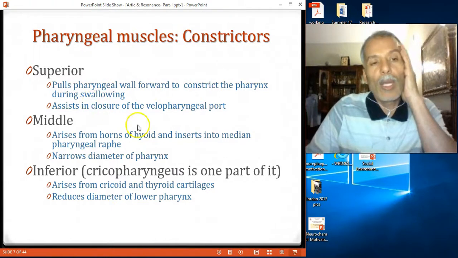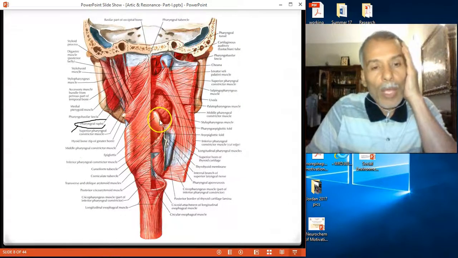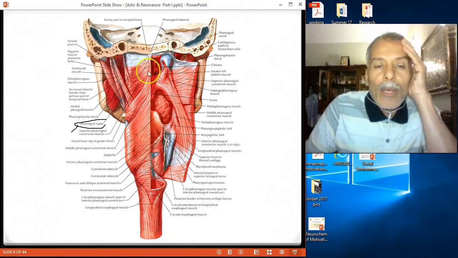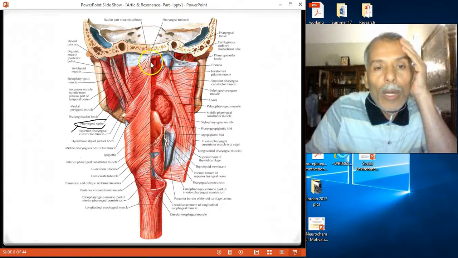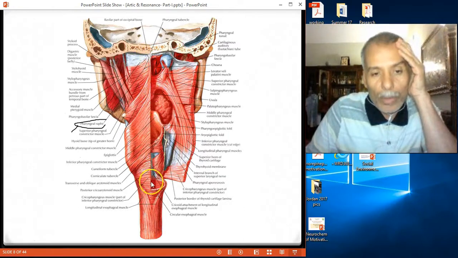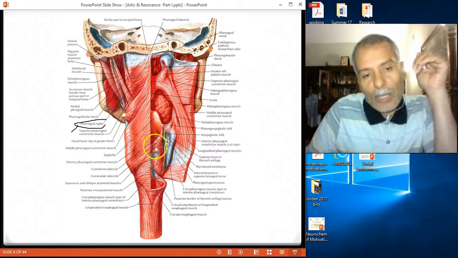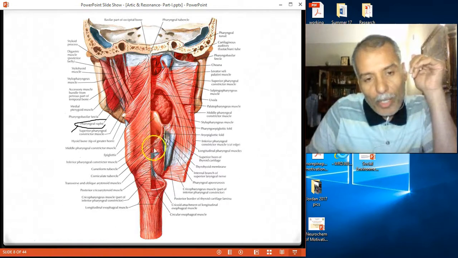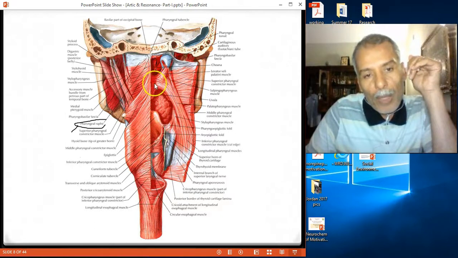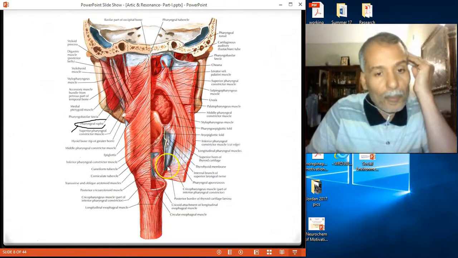So let's look at these. The area where the two parts unite in the back, this is the posterior. This is the larynx. You could see the laryngeal inlet and the epiglottis and the back of the tongue. And then you could see the velum here, and you can see the back of the nasal cavity.